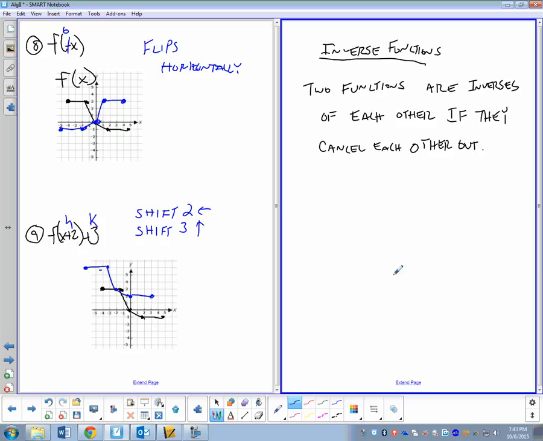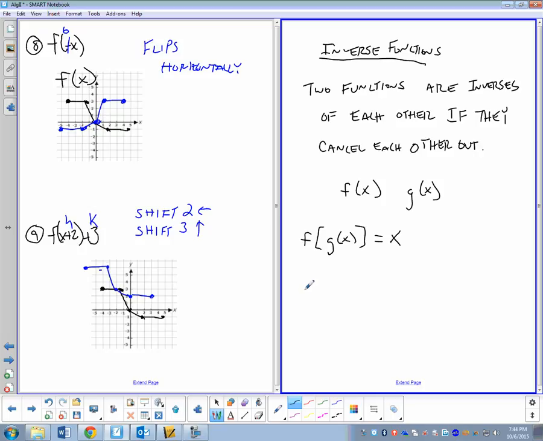Now, what that means is this. Remember back at the beginning of the unit, we talked about function composition, one function and another function. So if I have two functions, f of x and g of x, for those to be inverses of each other, it means if I do f of g of x, meaning if I take my g of x function and plug it into f, they will cancel each other out and just equal x.